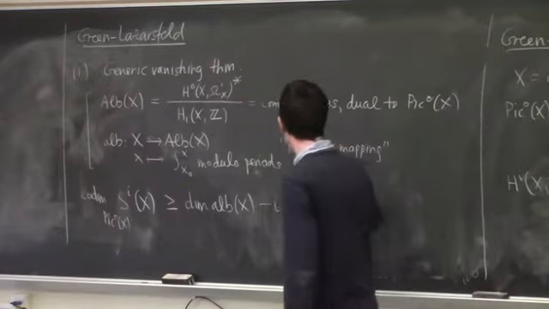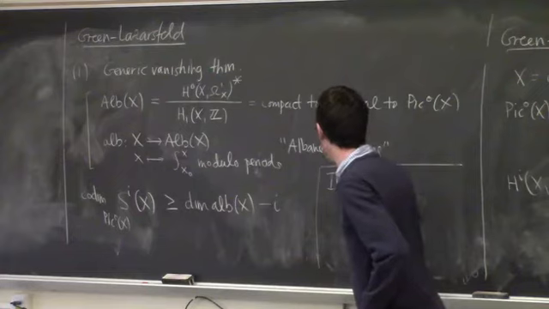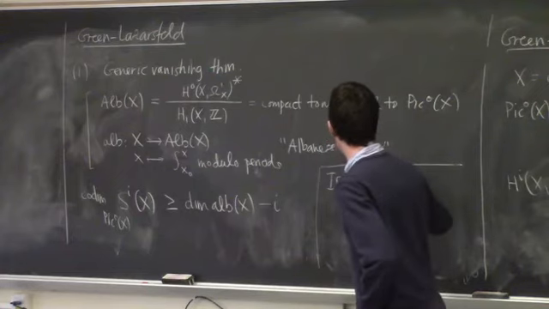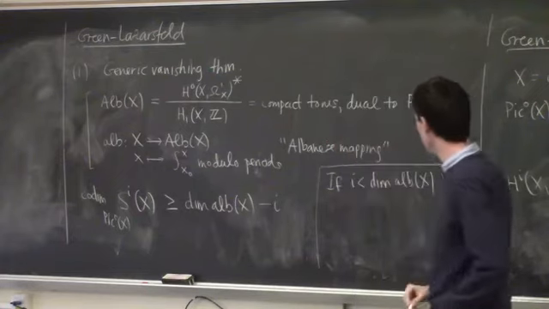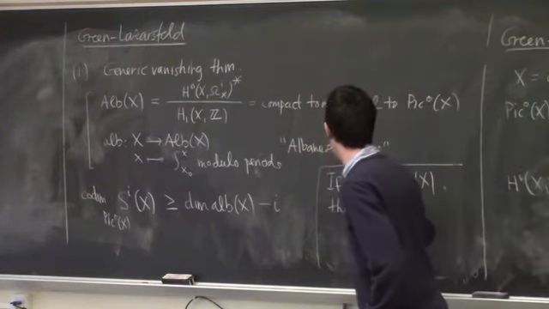And so in particular, this means that if I take i to be less than the dimension of the Albanese image, then this Si is a proper subset.